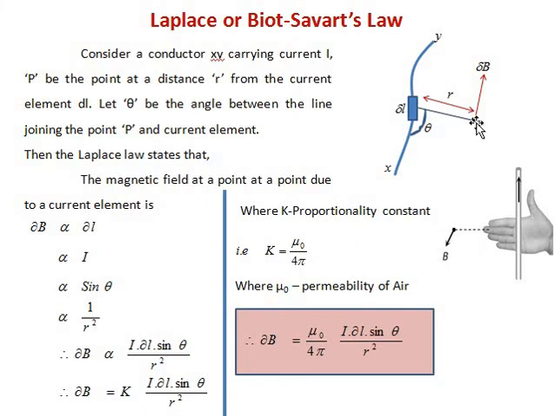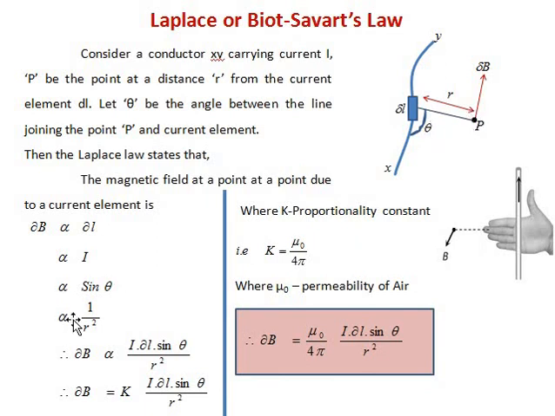At point P the strength of the magnetic field increases when the size of the current element is increased, so it is directly proportional. Also, if the strength of the current through this conductor increases, then the magnetic field developed around this conductor also increases, so the magnetic field at point P also increases.